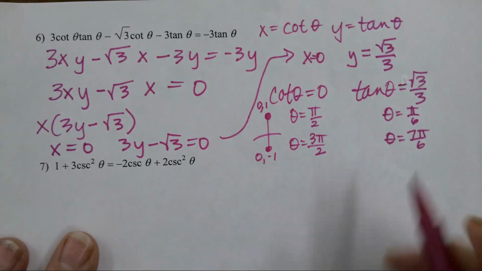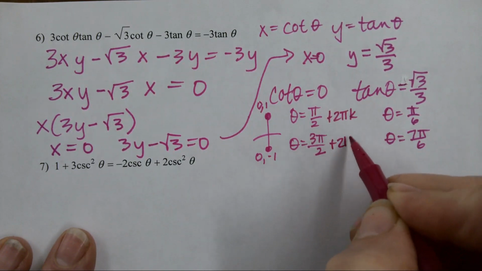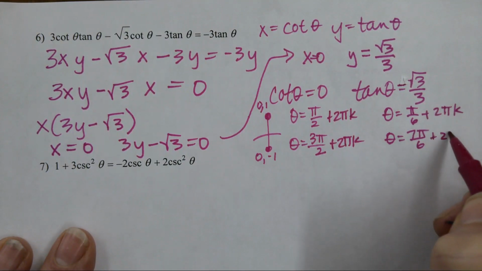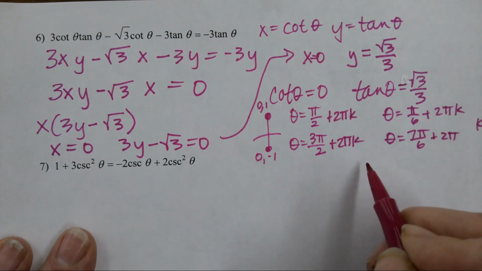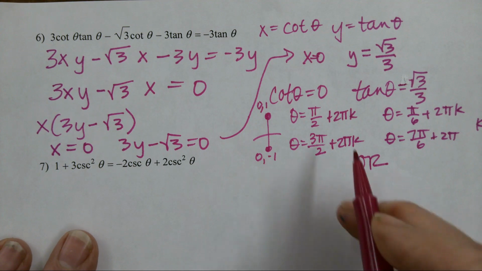Now remember, we finished this off with plus 2 pi k, plus 2 pi k, plus 2 pi k, plus 2 pi k. K is an element of the integers. Or, how else could I write it?